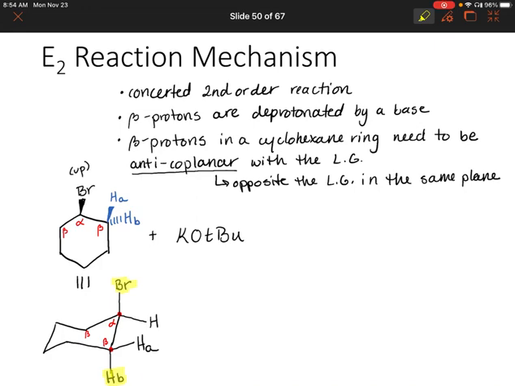HA, however, is off on its own adventure over there. So it is not opposite bromine, and it's equatorial. So to be anti-coplanar, the leaving group and the hydrogen have to be axial. So axial positions are required.